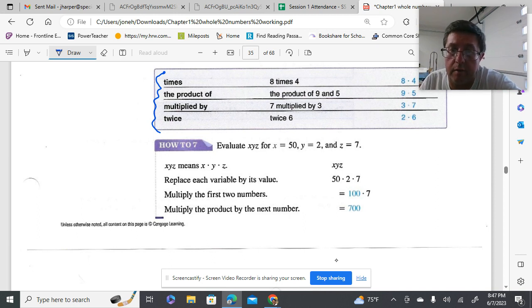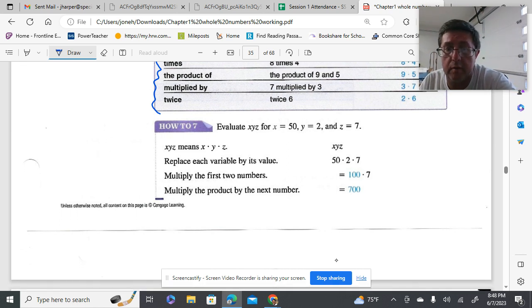Okay, so how to 7. Evaluate xyz for x equals 50, y equals 2, and z equals 7. So all you're doing, because it says x, y, z, they're all next to each other. That means you're going to multiply them all. So you're going to take x times y times z, which would be 50 times 2 times 7.